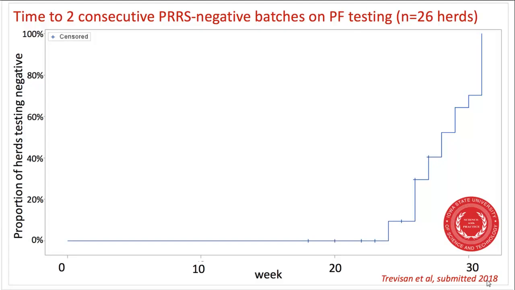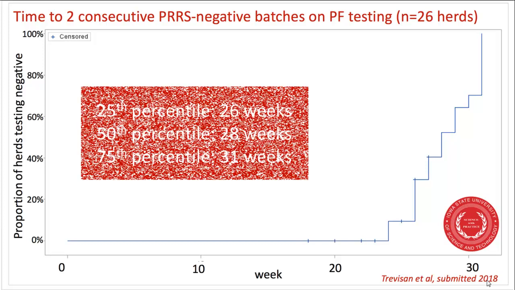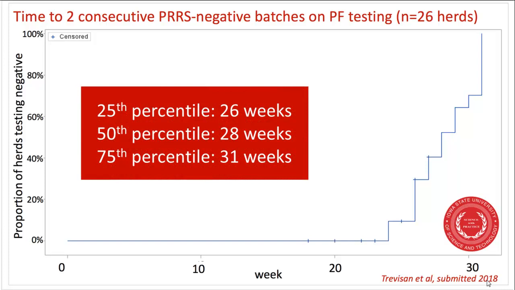All those results were from farms with continuous breeding, continuous farrowing programs. This is the only slide I have with farms dealing with a batch farrowing system, a 4-week batch farrowing system. Study by Dr. Giovanni Trevisan, showing that in this system they introduce gilts back in the farms when they reach 2 consecutive batches of processing fluid testing negative.